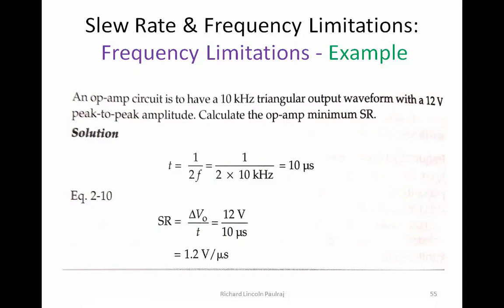Okay. So we have about 10 kilohertz is the frequency, and the input voltage is about 12 volts peak to peak. So what is peak to peak? Can someone tell me what is peak to peak? You have done your practicals as well, isn't it?